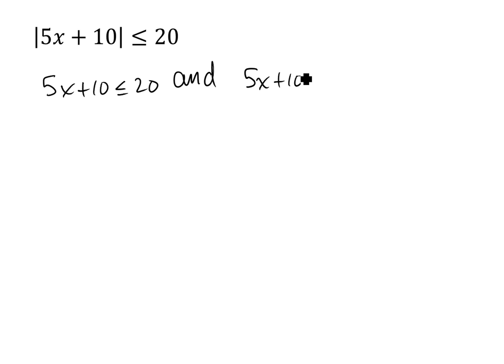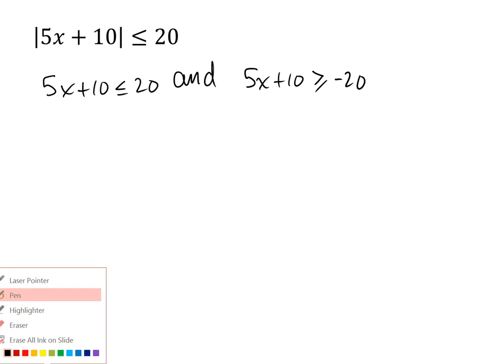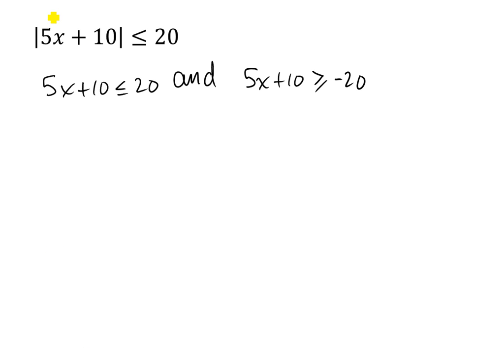So I multiply that side by -1, and there's no -1 I have to factor in. I'm multiplying by -1, so I flip the direction of my inequality, and this becomes -20. So again, if your absolute value is set up on the left-hand side and you have less than or equal to, or less than, you're going to be joining up with and.